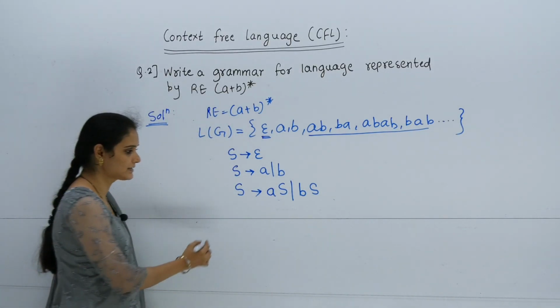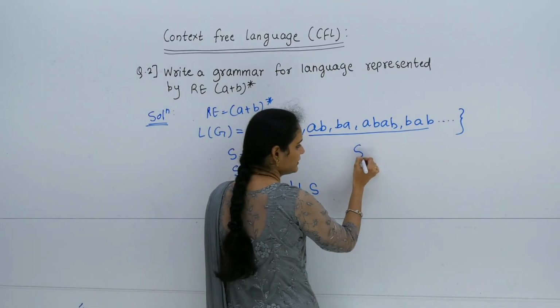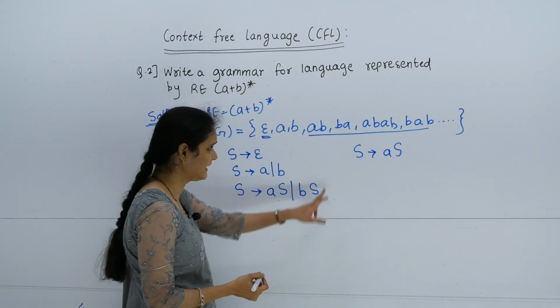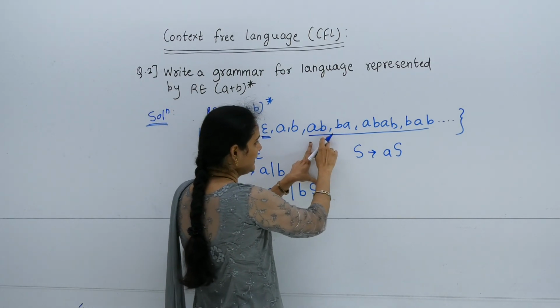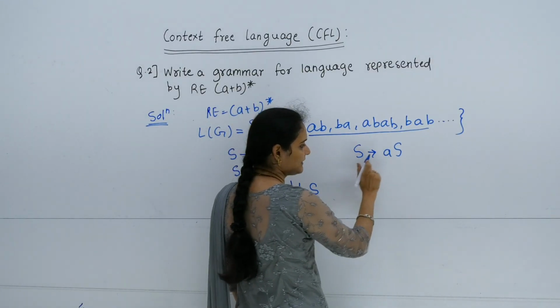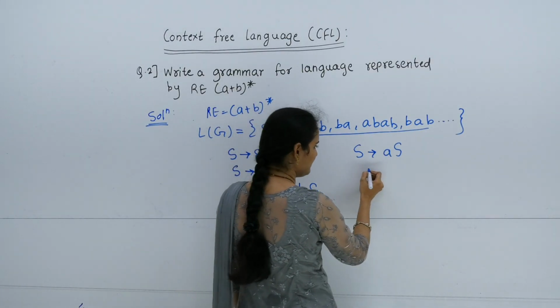So how does it work? Suppose I take the first rule, S produces aS, and I want the string ab. So we started with a, now I want b.